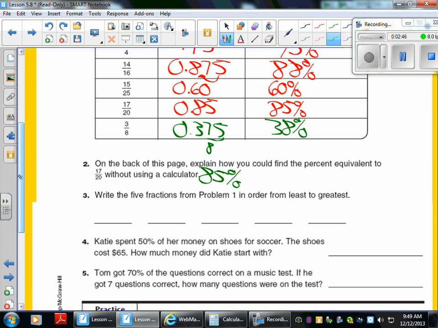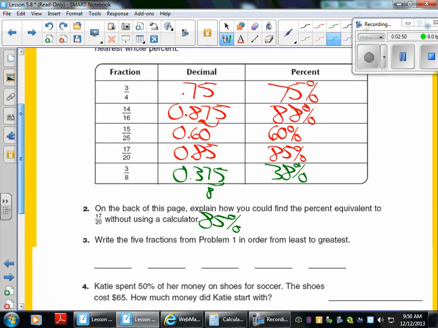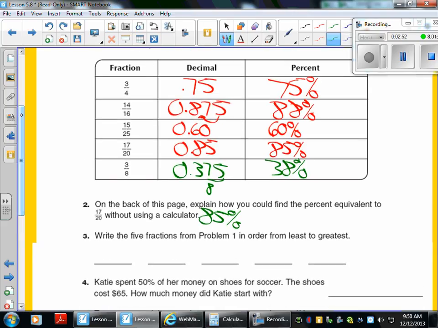Write the 5 fractions from problem 1 in order from least to greatest. Well, let's use our percents to help us out. Smallest, 38% would be my smallest, so I have 3/8. My next smallest would be 60%, so 15/25.